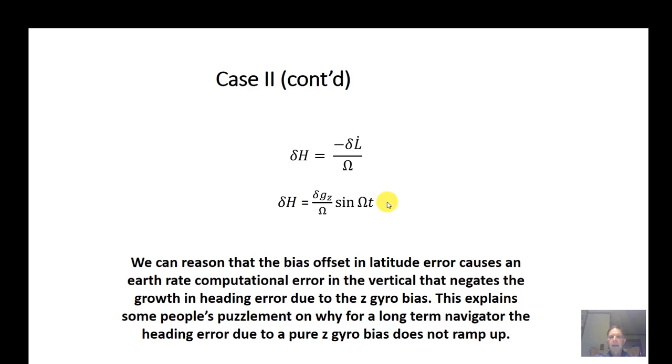This sometimes puzzles people, but it is a consequence that the bias offset and latitude error essentially causes an earth rate computational error in the vertical that negates the growth in heading error due to the Z gyro bias. As I said, this explains to some people's puzzlement on why for a long-term navigator and for the case of a pure gyro bias, the heading error does not ramp.